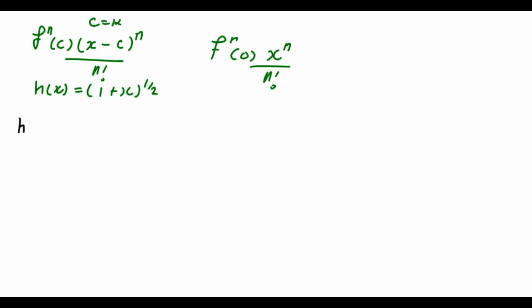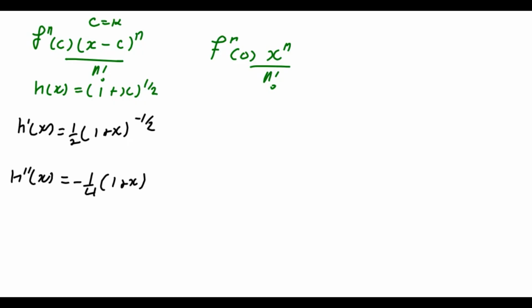So here your h prime of x will be equal to, just using the chain rule, the power will drop, that will be 1 over 2, you have 1 plus x to the power minus 1 over 2. Then h double prime of x will be equal to, this will drop, you're going to have minus 1 over 4, 1 plus x to the power minus 3 over 2.